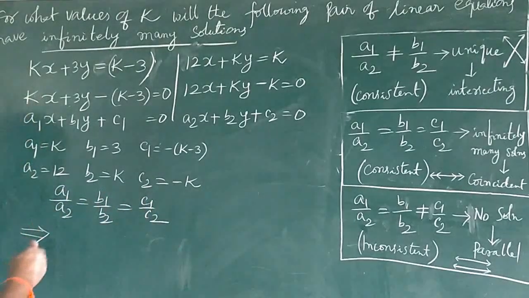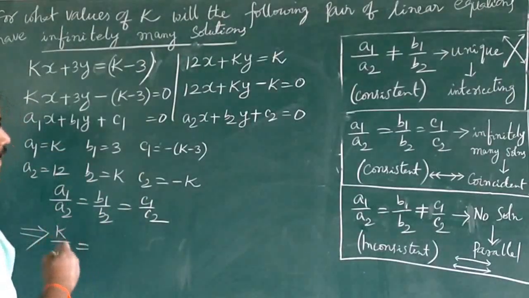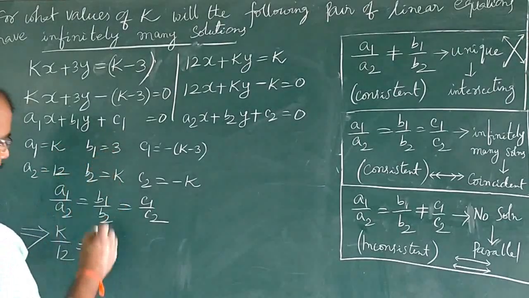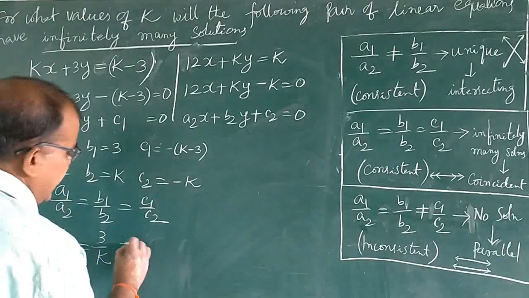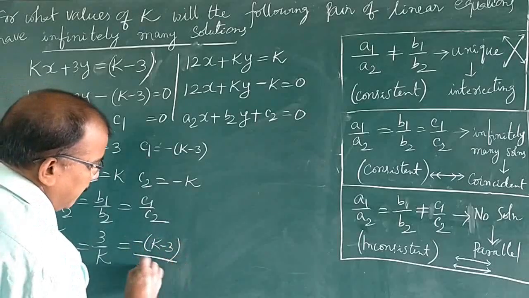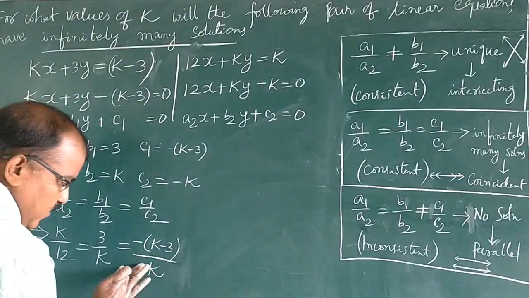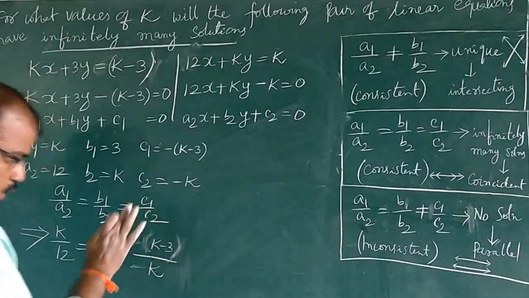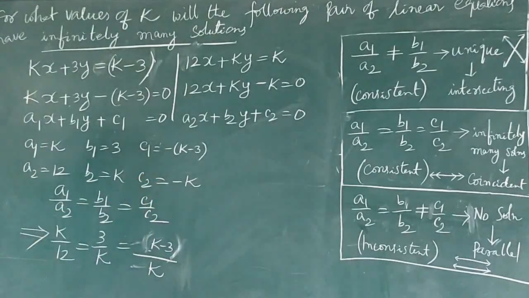That implies a1 by a2 is k by 12, b1 by b2 is 3 by k, c1 by c2 is minus k minus 3 by minus k. Minus and minus you can cancel, so simply you can write k minus 3 by k. Brackets also not important.